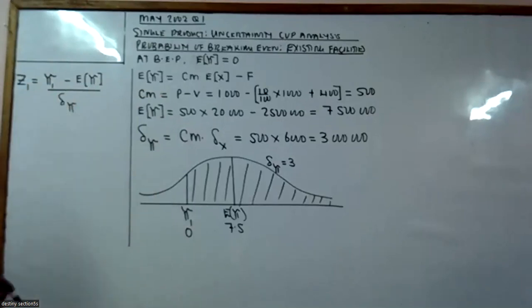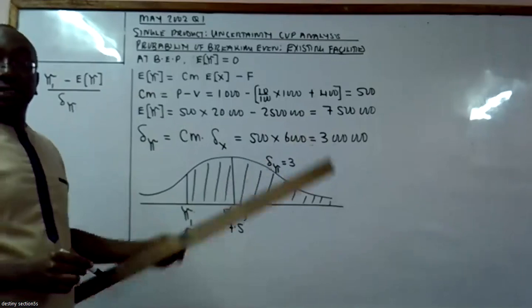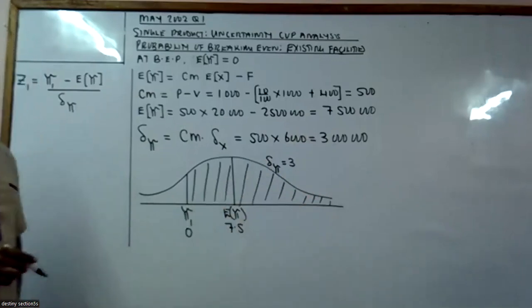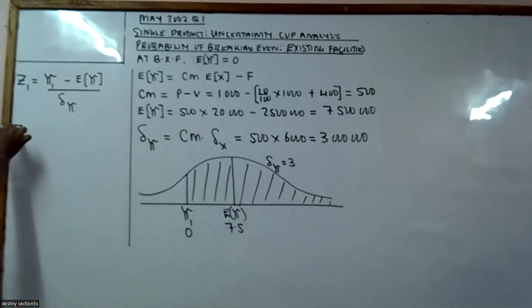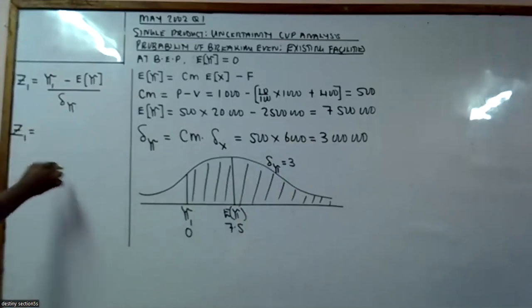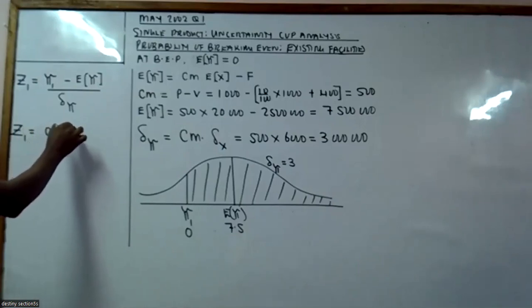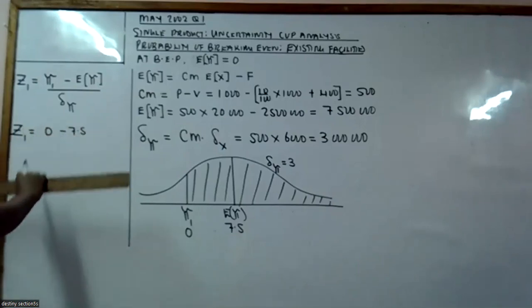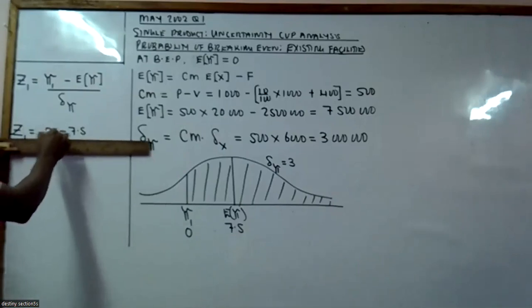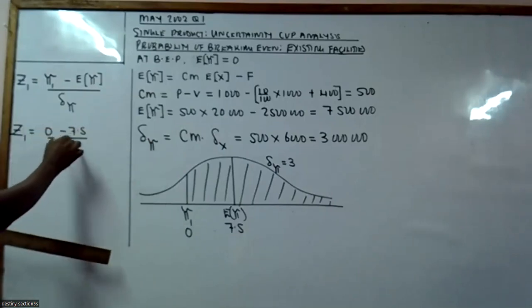It is just like the formula we have had for units, only that now we are using pi instead of x. So Z1 will now be 0 minus 7.5, you divide by 3.